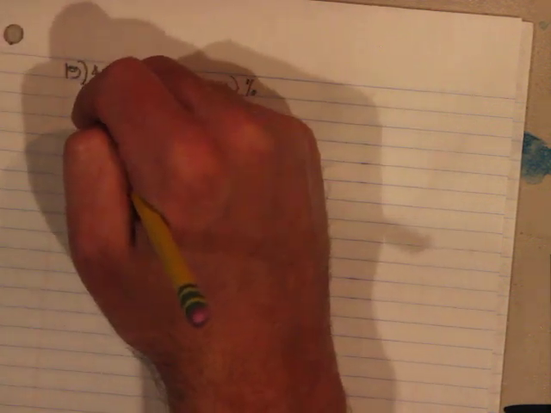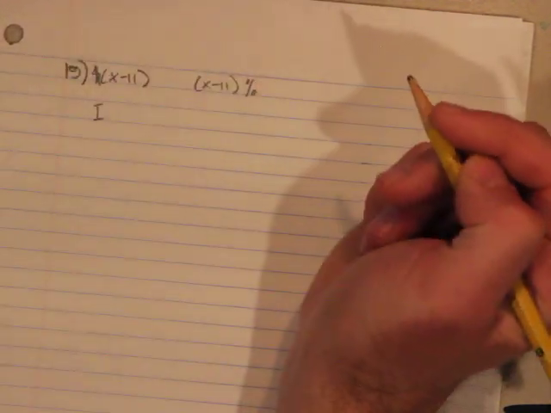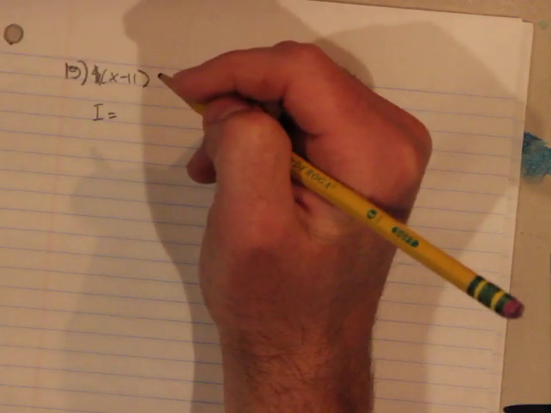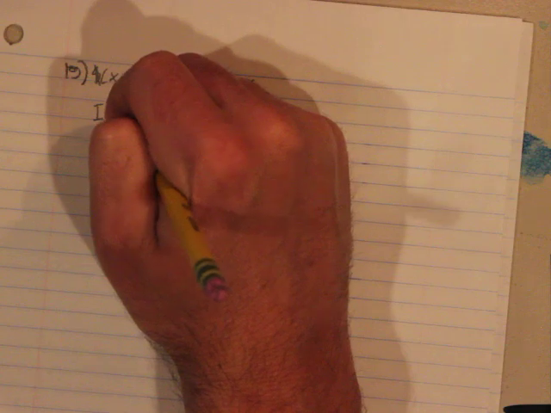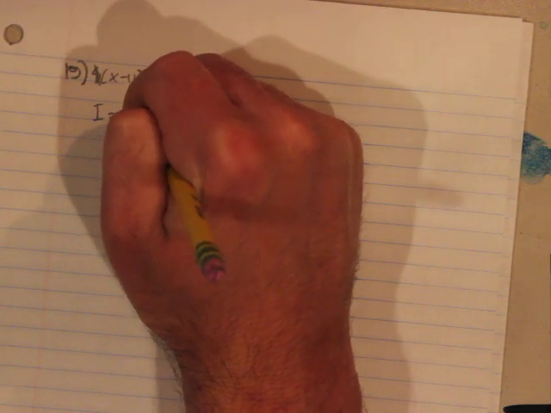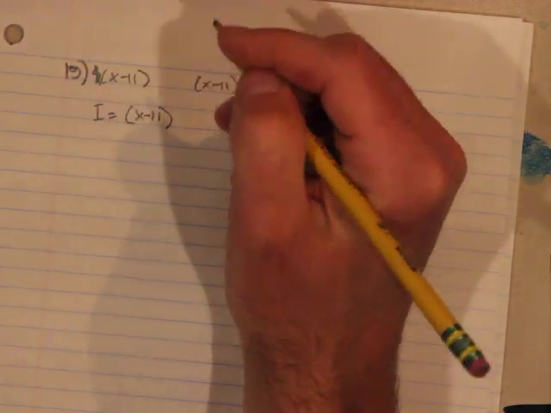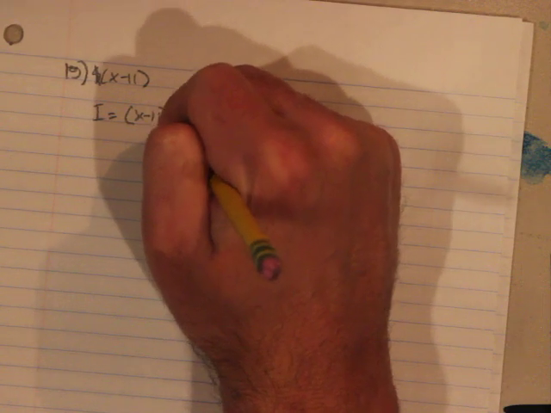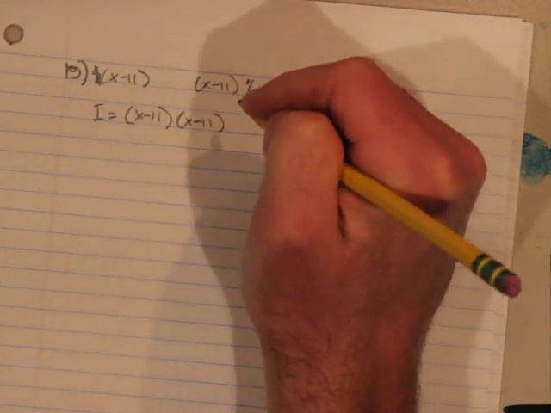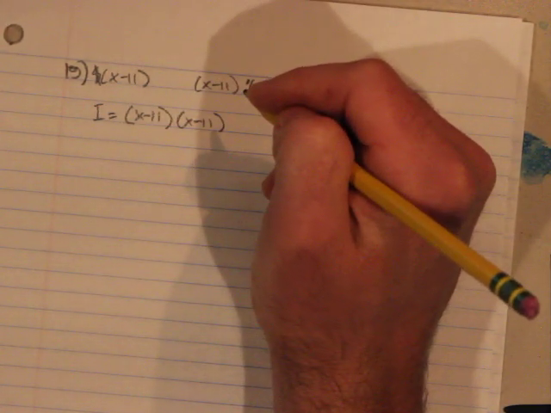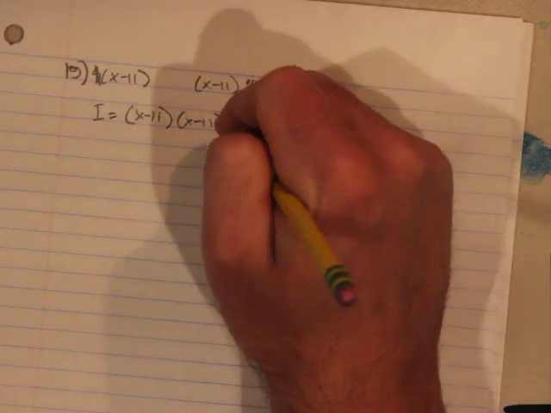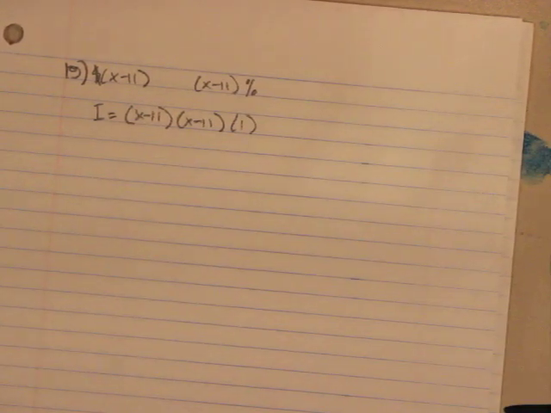So the interest gained is going to be I equals the principal, which is the amount he started with. The principal is x minus 11. And then the rate is x minus 11 times time. And it's just 1 year, and so we just put times 1.